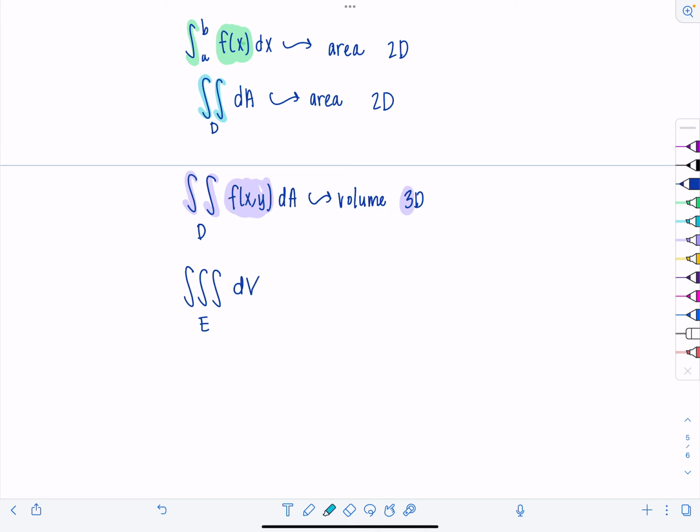If you have no function there, 1, 2, 3. Again, that's going to give you a volume, 3D. Keep track of what your integral represents, area versus volume, and then it can get more involved than that, but this so far should be what you're going to run into. Okay?